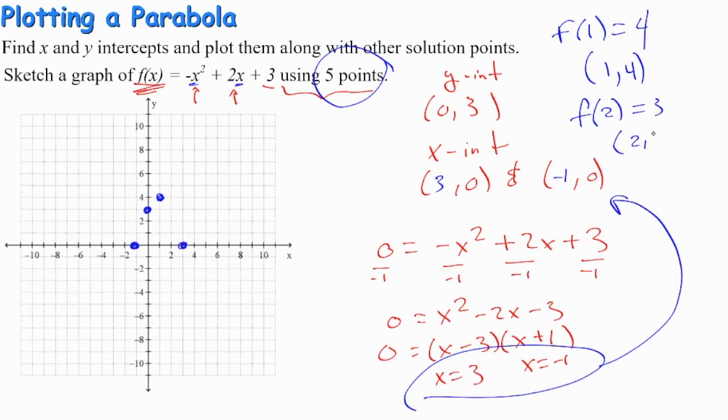So that is the ordered pair 2, 3. And we can connect these points and see the graph of our parabola. And you can choose as many additional points as you'd like. We can choose -2, -3, -4, plug them into the function, get the corresponding y coordinates, and plot them on the graph.